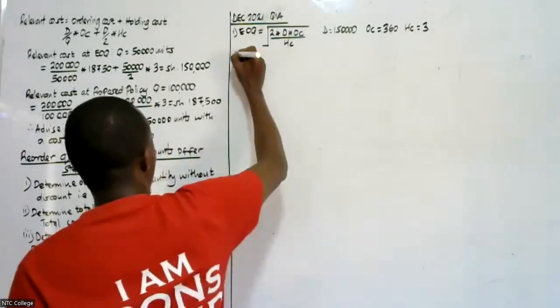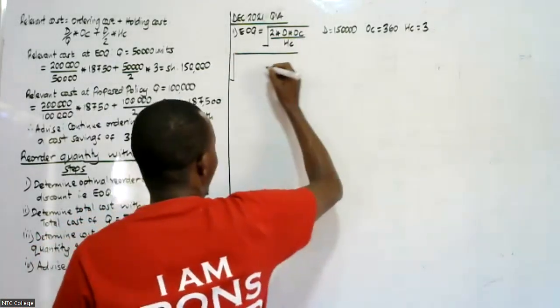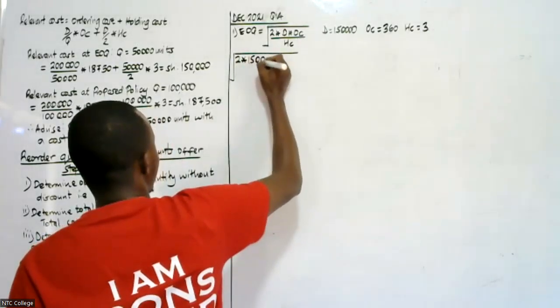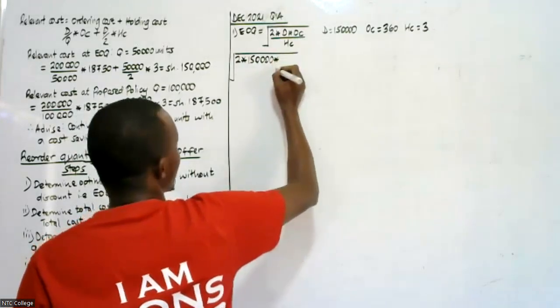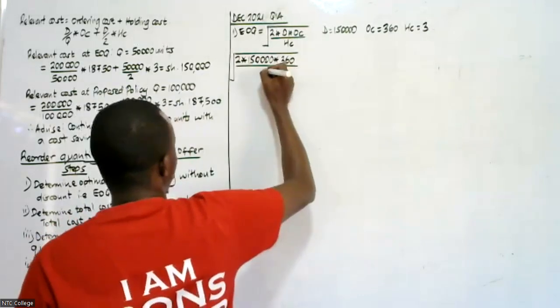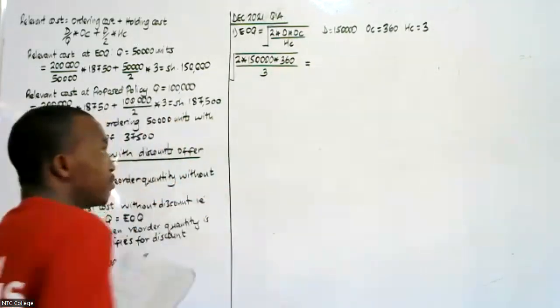So we say the EOQ is 2 times 150,000 times ordering cost 360 divided by 3. How much is that?